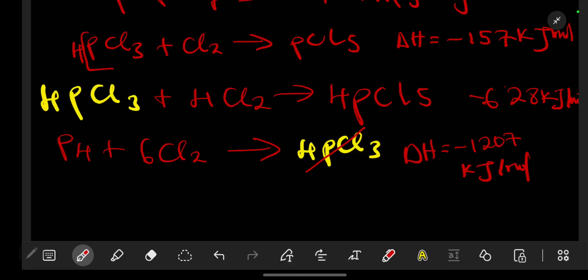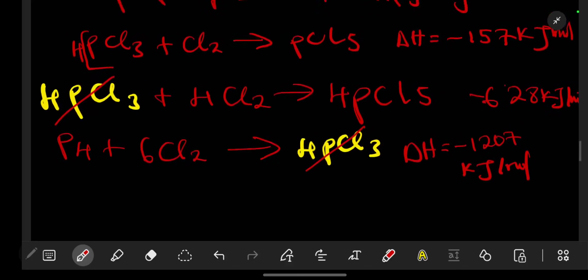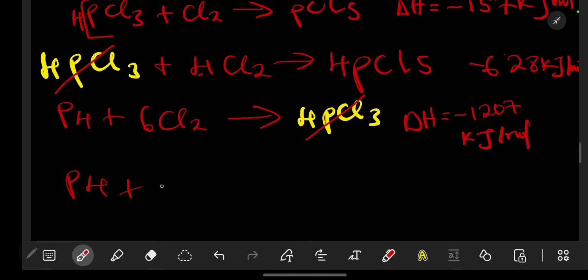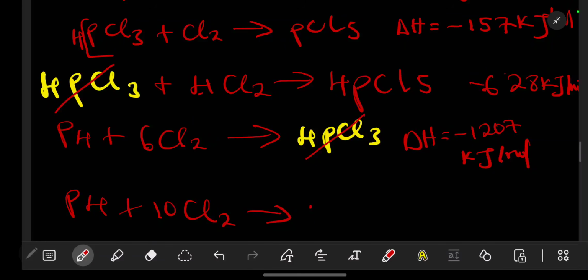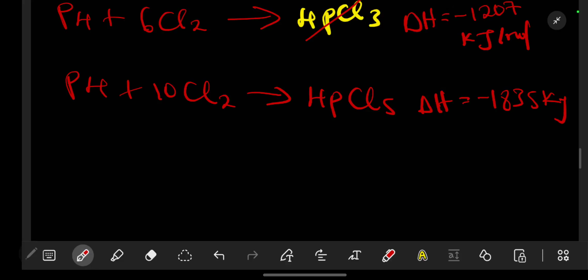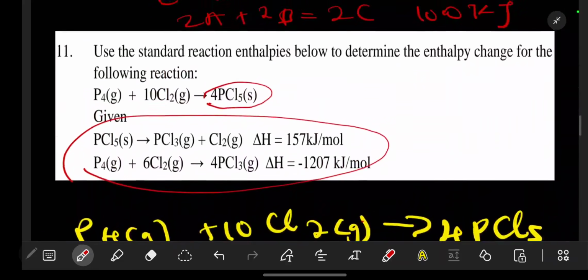We are remaining with P4 plus 4 plus 6, which are on the same side, so it will be 10Cl2 to produce 4PCl5. The change in enthalpy will be equal to negative 1835 kilojoules as our answer. So this is our answer for this problem.